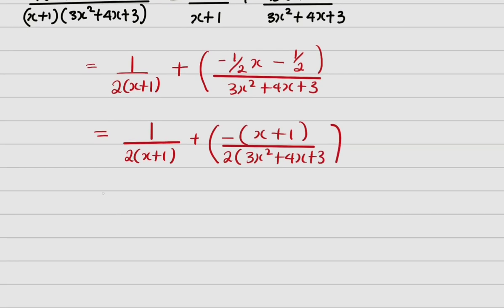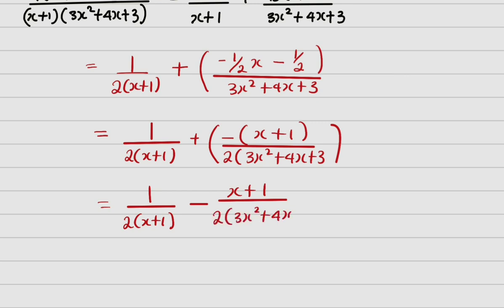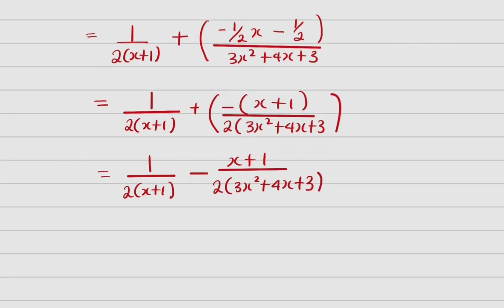Okay, now finally I'm going to have 1 over 2 into x plus 1, then minus times plus here becomes minus, then I'm going to have x plus 1 all over 2 into 3x squared plus 4x plus 3. Now, you need to know that you have to break it down to simplify it to the simplest possible form, okay, which I have done. So this is my answer.